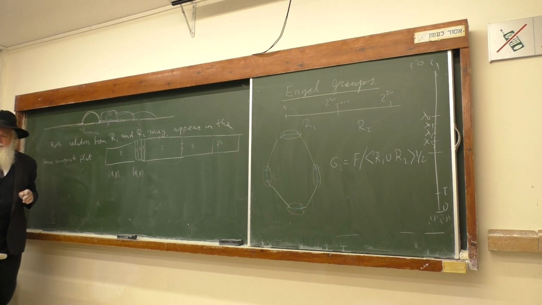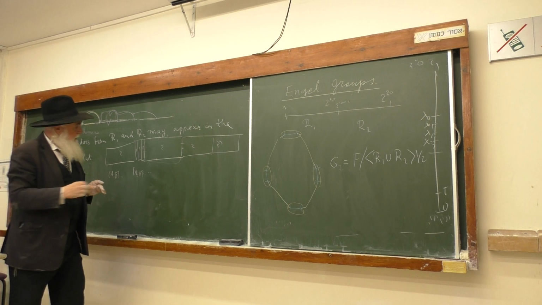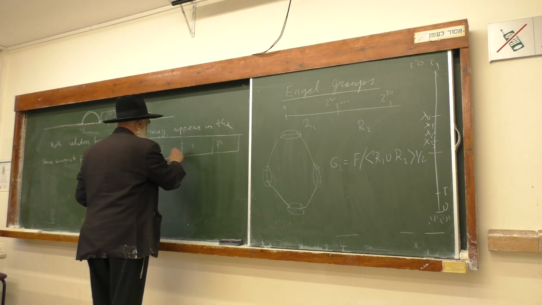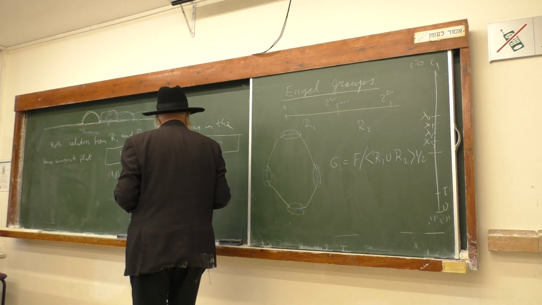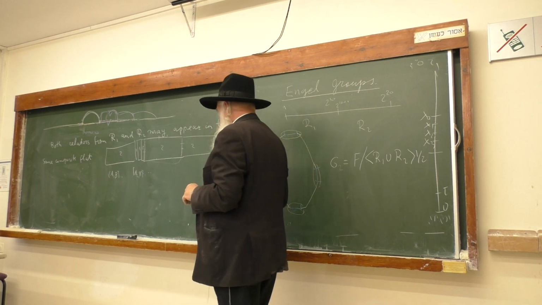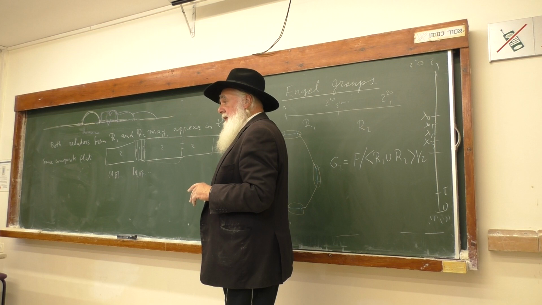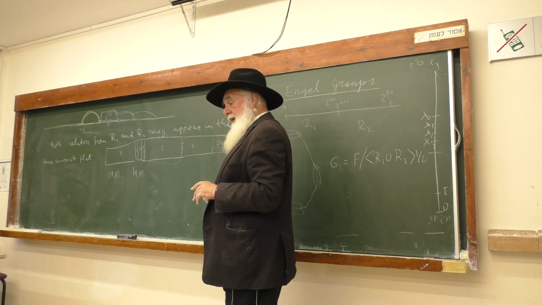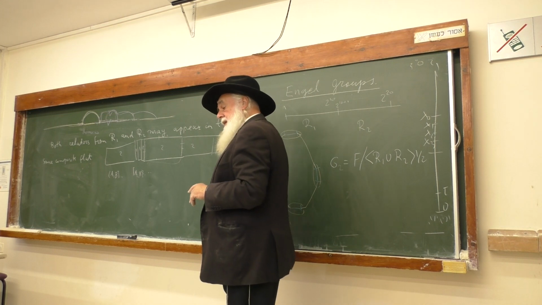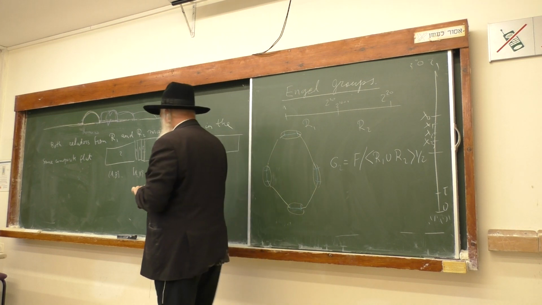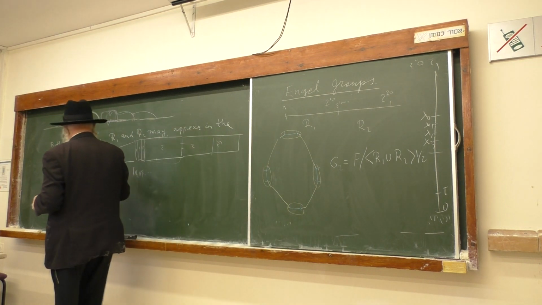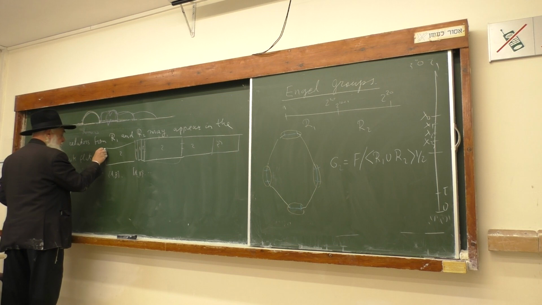Doesn't matter. Because in any case, these are the parts of the relators. Now, in higher ranks, we will also have another situation, not in rank 2, but in higher ranks we may have certain new phenomenon.